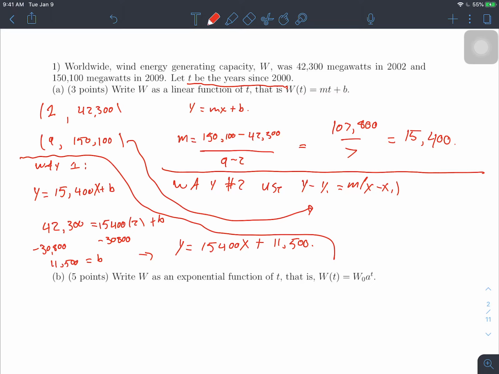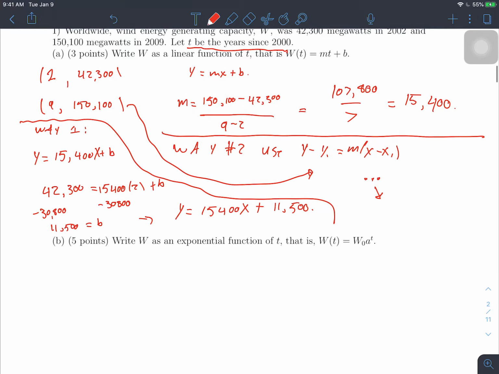So we'd replace m by 15,400, replace x1 by 2, and y1 by 42,300, and get in a similar way to our final answer. Okay, so that's how we do a linear function from 2 points.